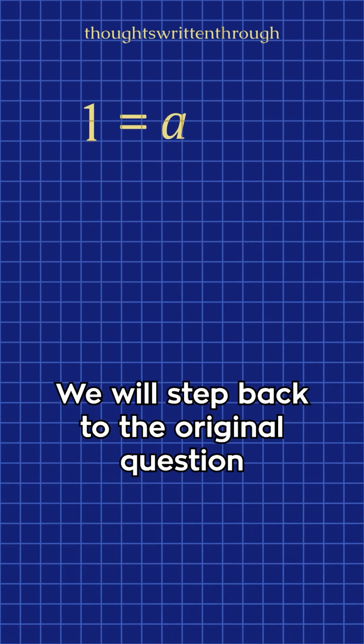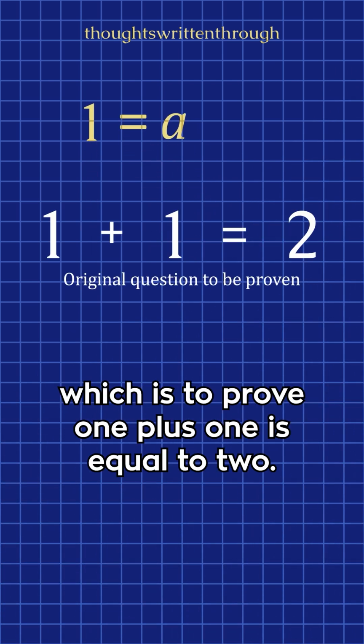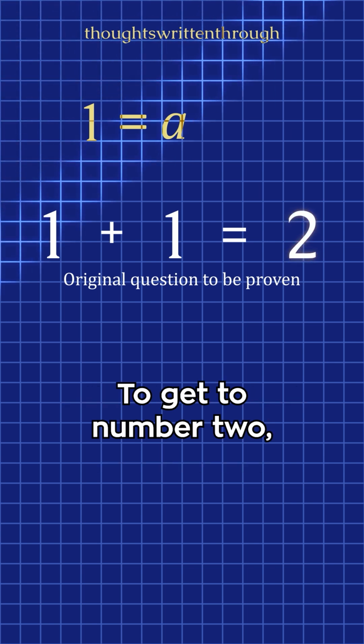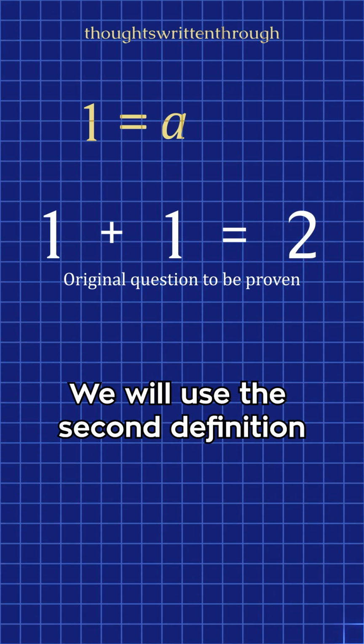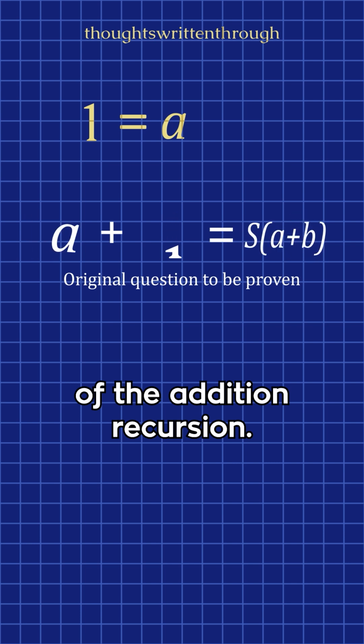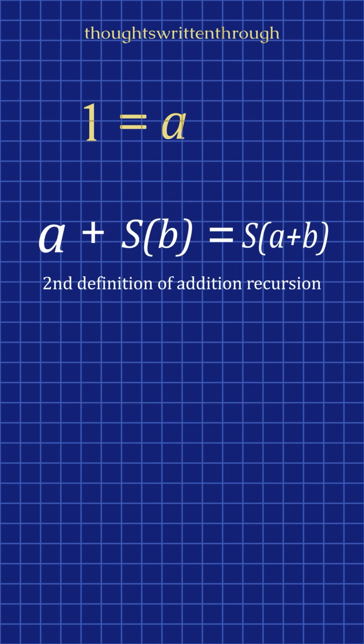We will step back to the original question, which is to prove 1 plus 1 is equal to 2. To get to number 2, we will use the second definition of addition recursion: A plus successor of B is equal to successor of A plus B. A is 1 and successor of B is 1.